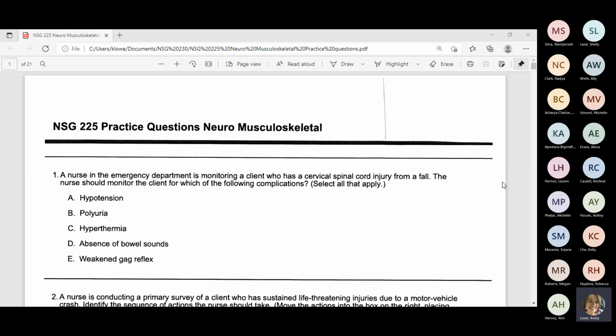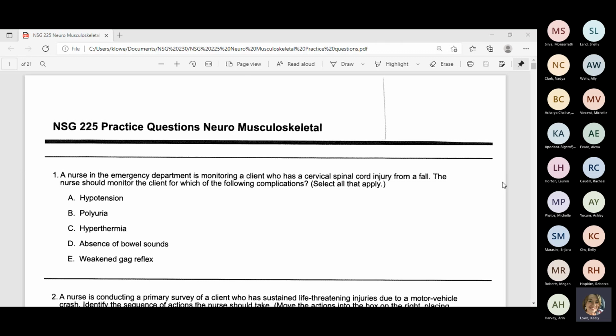Hypotension would be a decrease. What about polyuria? Is that an increase or decrease? Okay, that's an increase, so that would not be correct. Hyperthermia is an increase. That wouldn't be correct. Absence of bowel sounds, that's a decrease.